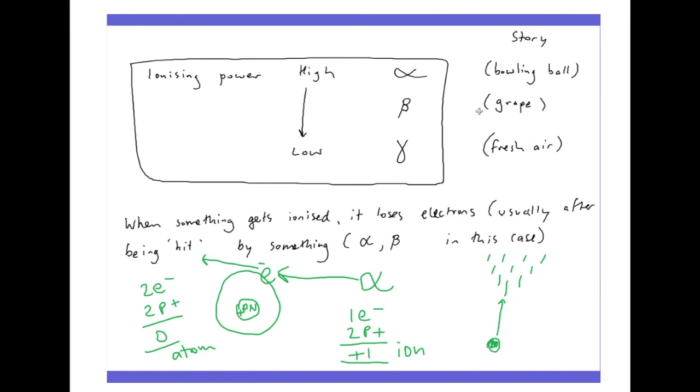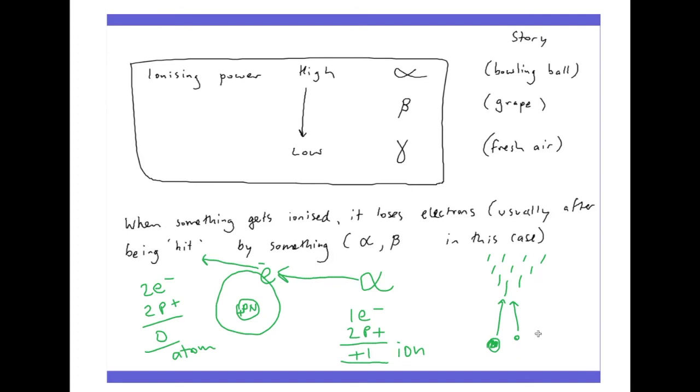So alpha is like a bowling ball, dead big and heavy, so it knocks the pins down easily. Beta is like a little grape, just a tiny little thing. If I set the pins back up and fling that down, maybe it knocks one pin down, so it might knock one electron off. Going back to reality instead of the metaphor, gamma has no mass at all.